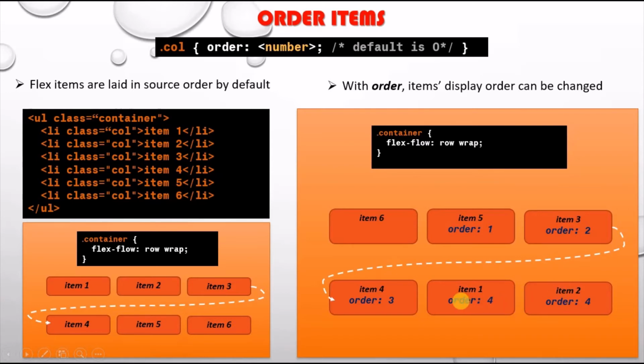What happens is when the order values conflict or they are the same, it will fall back to the source order. You see here that item number 1 comes before item number 2. But pay particular attention that this is only for display purposes. Otherwise, assistive technologies that rely on reading the HTML will still be reading in that source order.